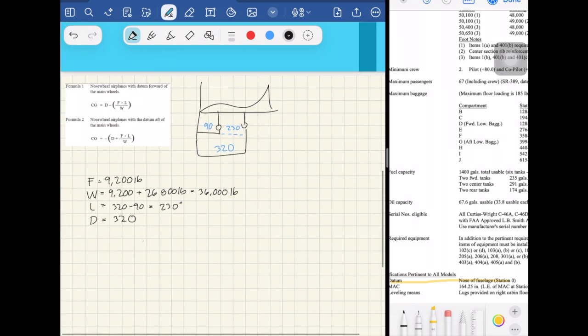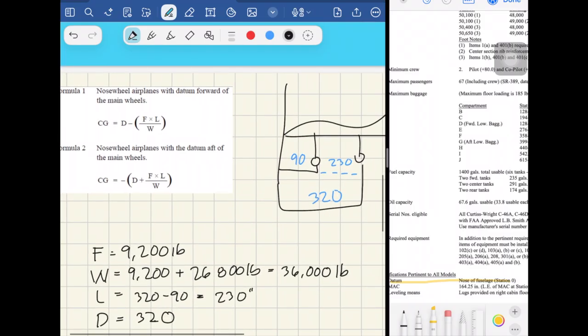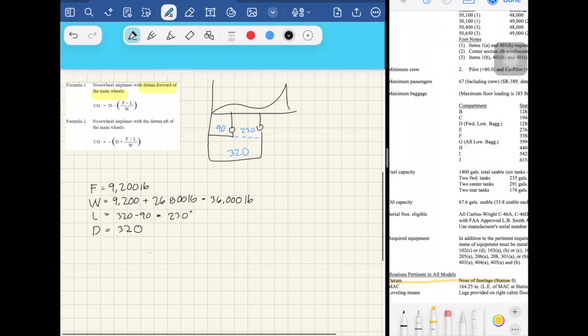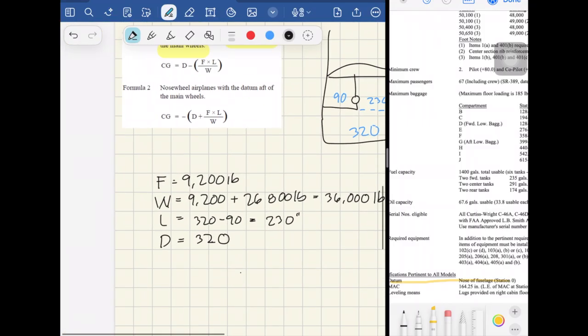Okay, so which formula will we use? Basing on the description of Formula 1 and 2, we will use Formula 1. Why? Because it indicates that the datum is forward of the main wheels. The datum is not located at the back, it is forward, so we will use formula number 1. Okay, I'll just rewrite formula number 1.